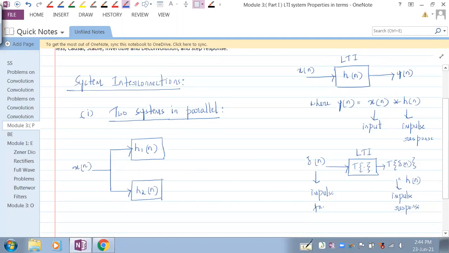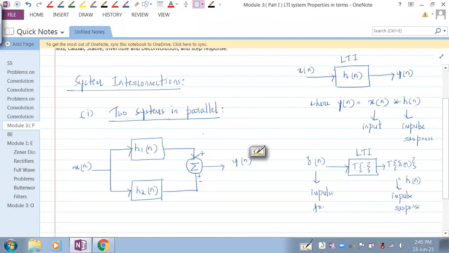Understand that? And the outputs of these two systems are being added. Added means it is being summed up. That's why it is shown as summation. This h1 of n plus or minus this would give you y of n. So this is the same input to both LTI system 1 and LTI system 2.